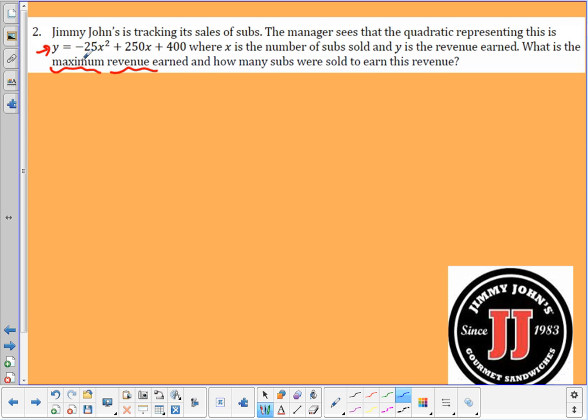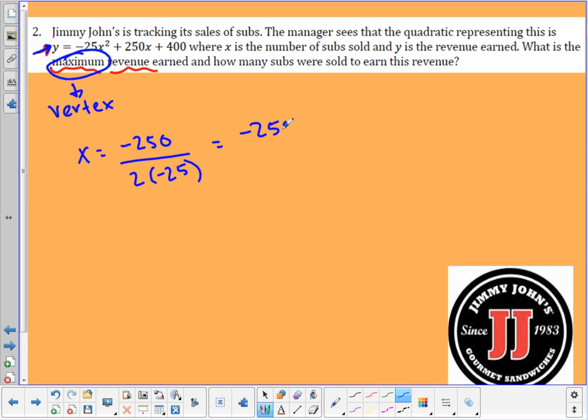Okay, maximum, there's our key word. This tells me that I need to find the vertex of the parabola. So I am looking for the vertex of this equation. That means I need x is equal to the opposite of b, that's negative 250, divided by 2 times negative 25. That's my a value, so negative 250 over negative 50, and I end up with 5.